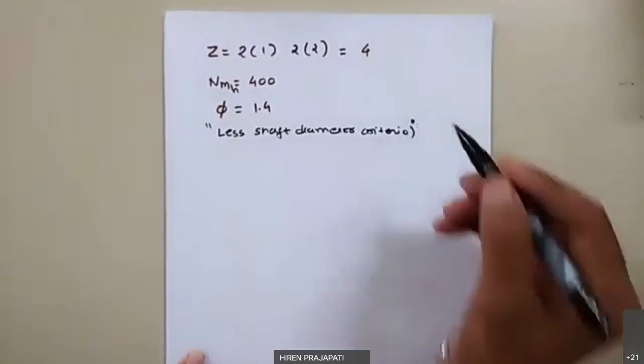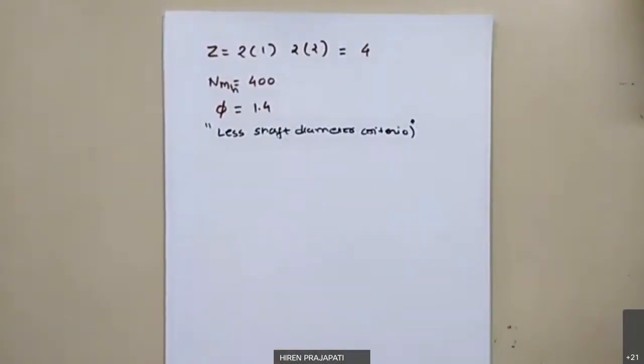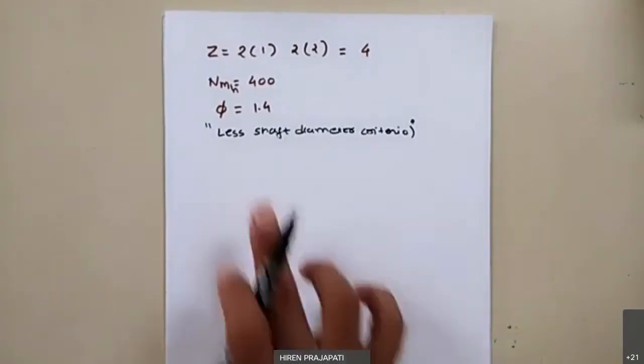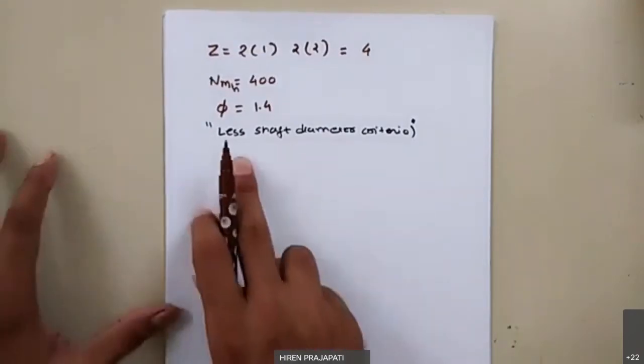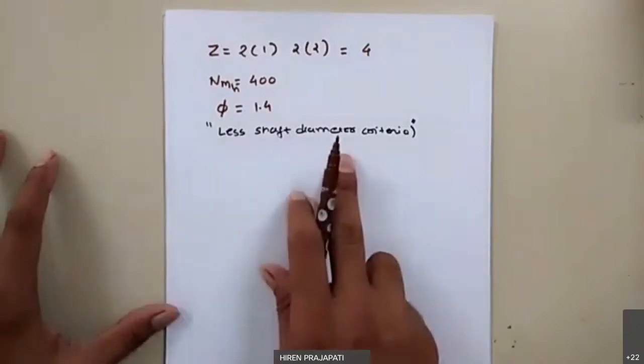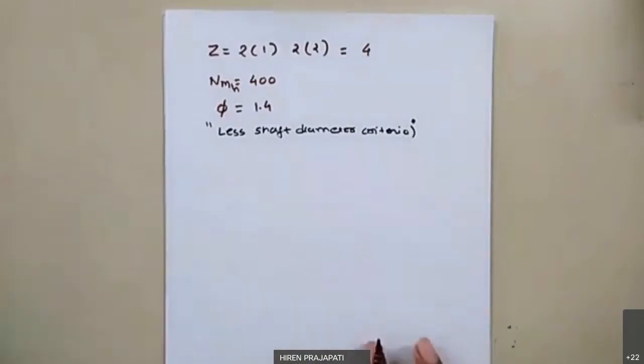If nothing is given, then you need to mention the assumption based on which you are drawing the ray diagram, for minimum shaft diameter or for minimum radial dimension. Because again, it's ultimately a selection of the designer, but here it is clearly mentioned. This criterion is generally used, less shaft diameter criteria. So this criterion is given.